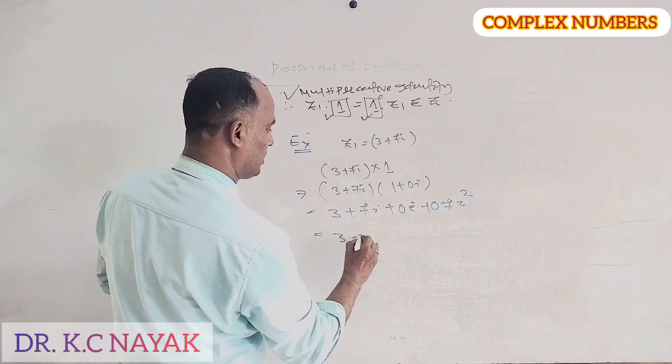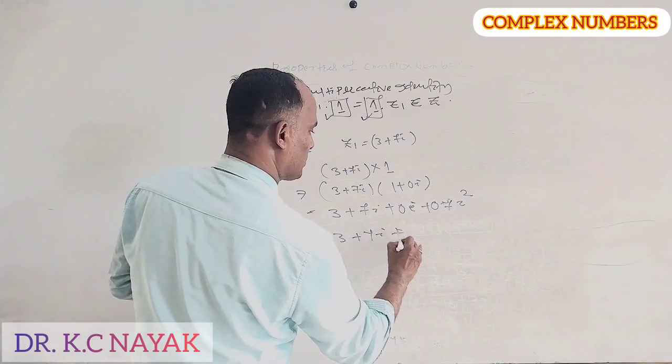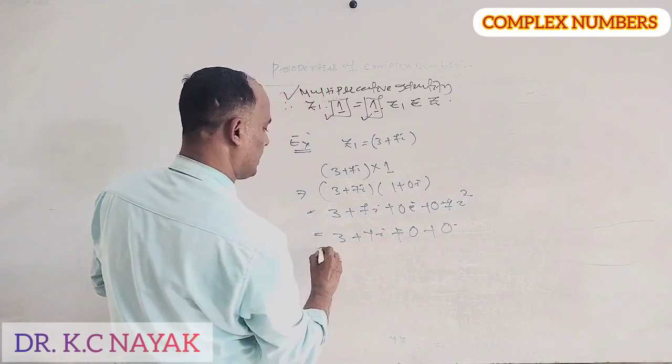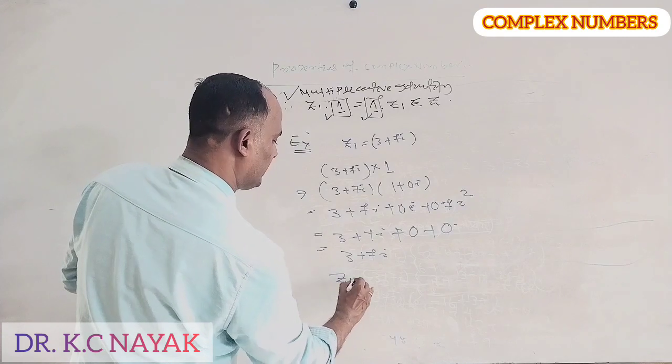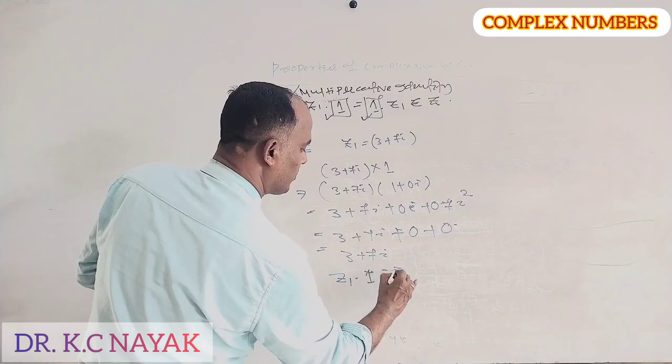What is the value? 3 plus 7i plus 0 plus 0. That means 3 plus 7i. That means Z1 into 1 is equal to Z1.